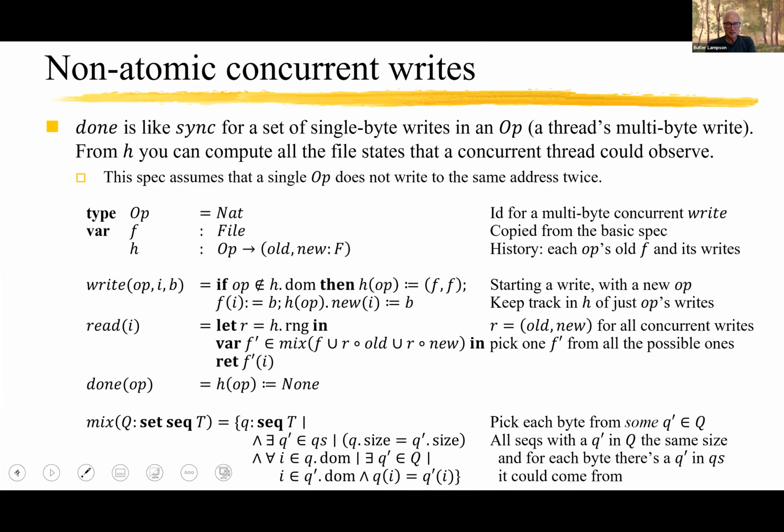So that summarizes the notion that you don't know anything about what subset of all the writes that have been done you're actually going to see as part of the read. And of course, again, in real life, if you're communicating with the threads that are doing these writes, you would have more information than that.